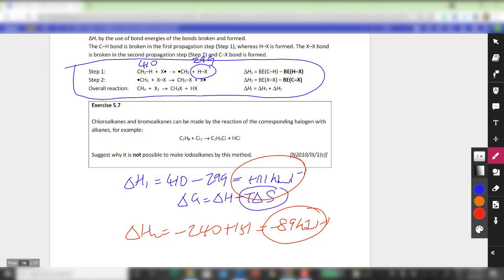In our case here, it is insufficient. Of course, we are making a lot of assumptions here, like assuming that delta S is close to 0 and delta H is a good proxy to delta G. But in the case here, it's reasonable to make such an assumption.